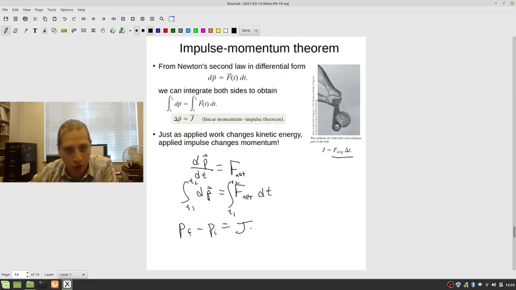It depends on how much force I apply for how much time. Your typical idea of applying an impulse is your baseball is coming this way. You apply a quick average force for a quick amount of time, and it totally changes the trajectory of the ball. So you applied a quick impulse and changed the momentum dramatically.